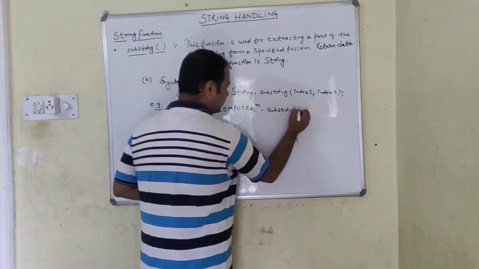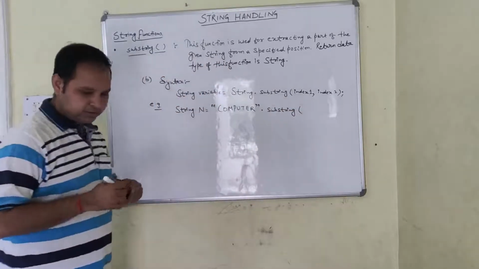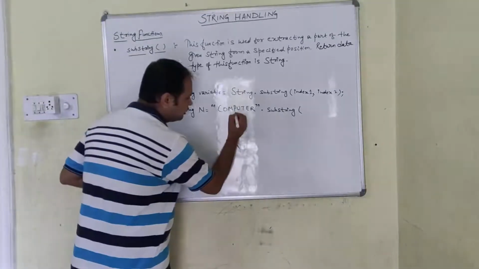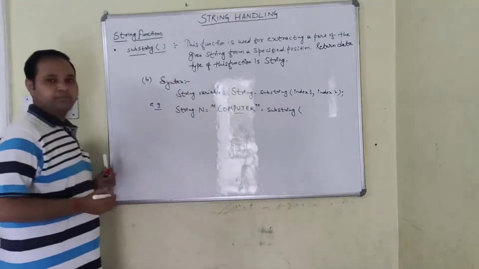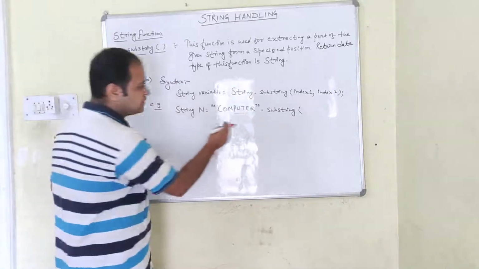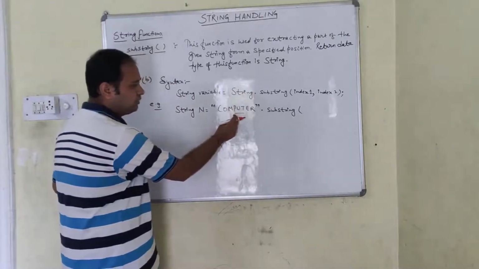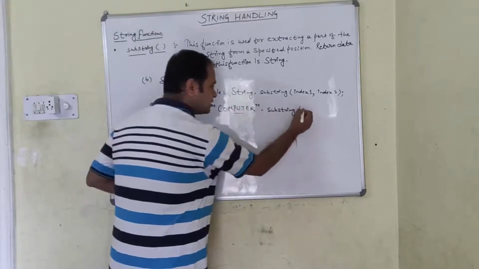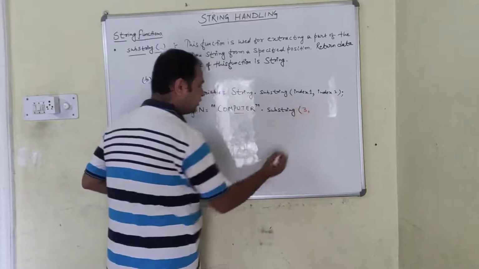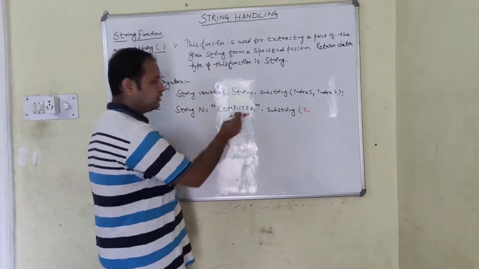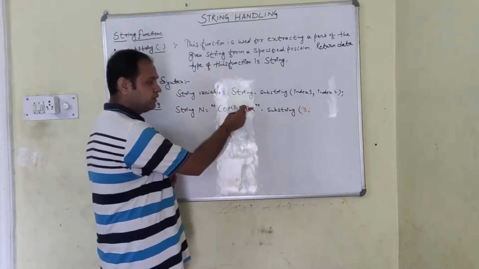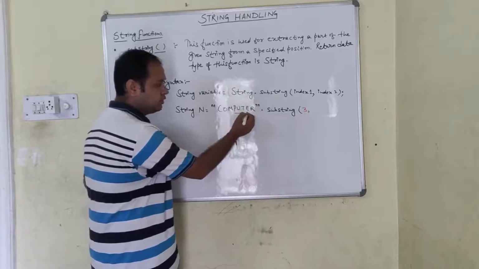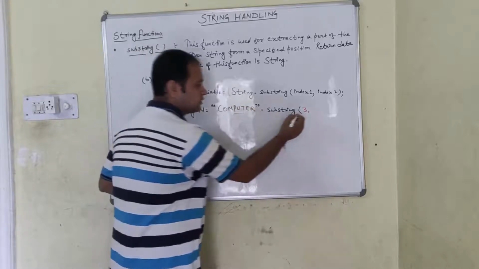I want to extract the value PUT. Then I will specify the position of P. What is the position of P? 0 1 2 3, so it is at the third position. And what should be the last value? T will be the last value, so we go one step ahead: 3 4 5 6.